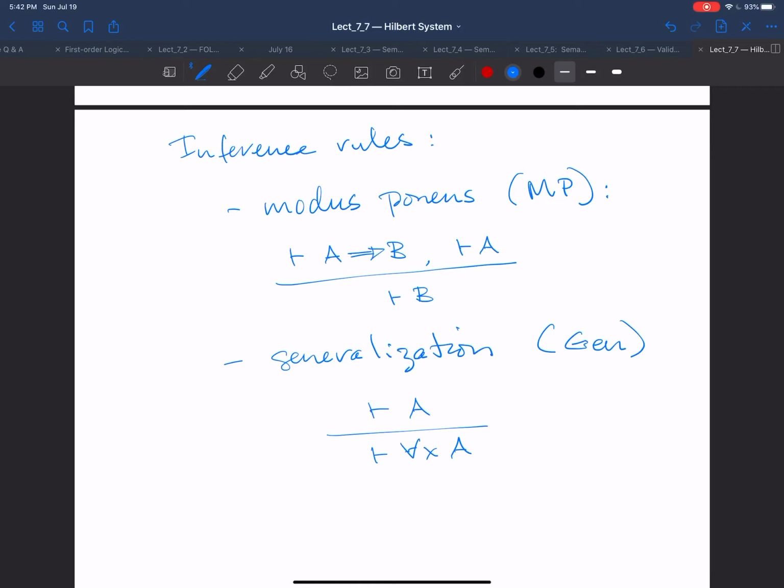We said that a formula A is true in a given interpretation if and only if its universal closure is true in that interpretation. But that is the case if and only if for all x A is true in that interpretation. So under our definition of semantics, if A is valid, then so is for all x A. So this generalization inference rule makes sense.